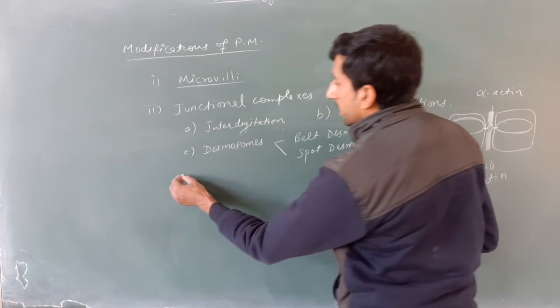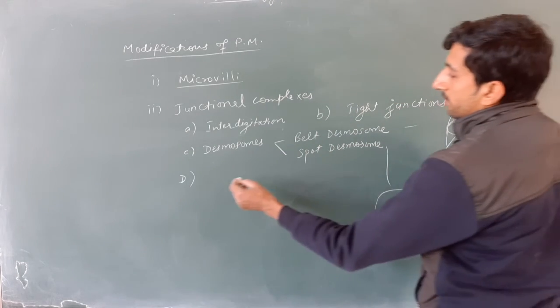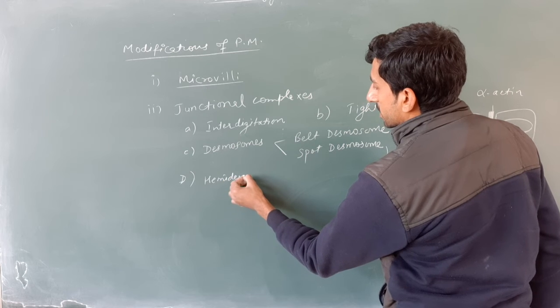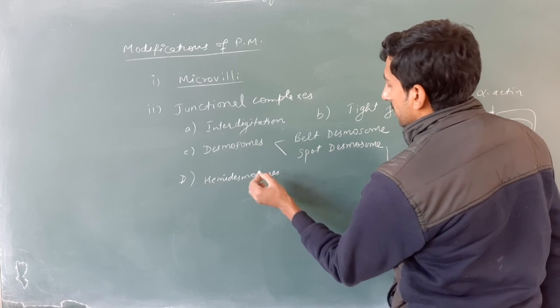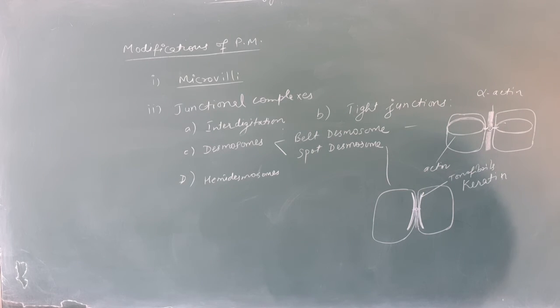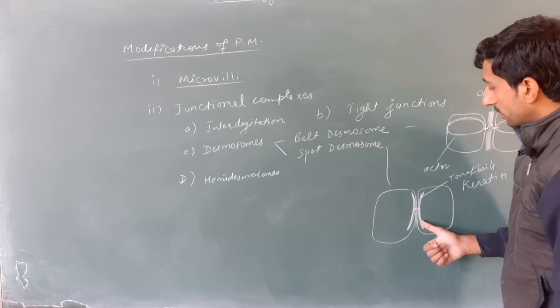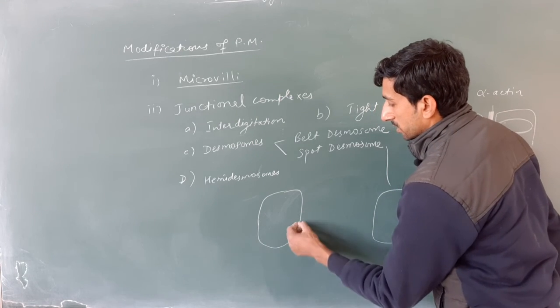Next is hemidesmosomes. Hemidesmosomes do not have tonofibrils or keratin.